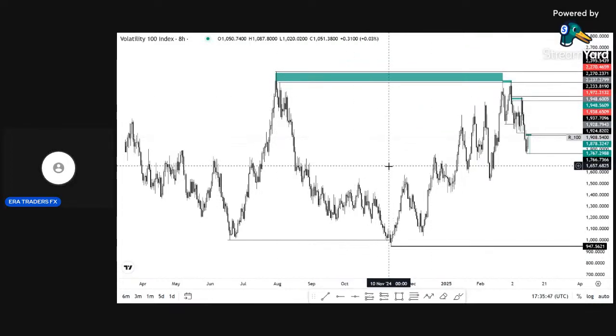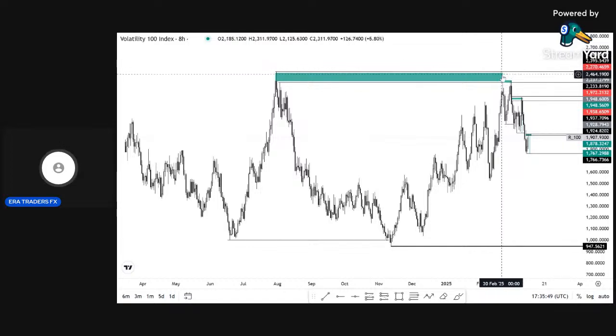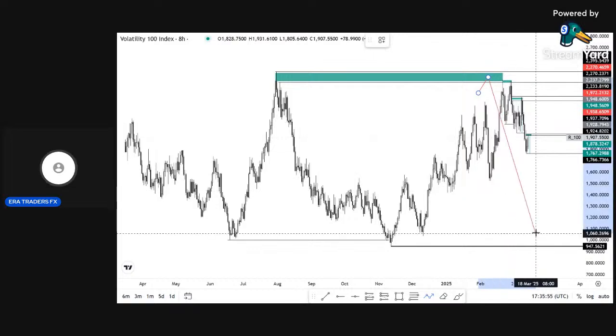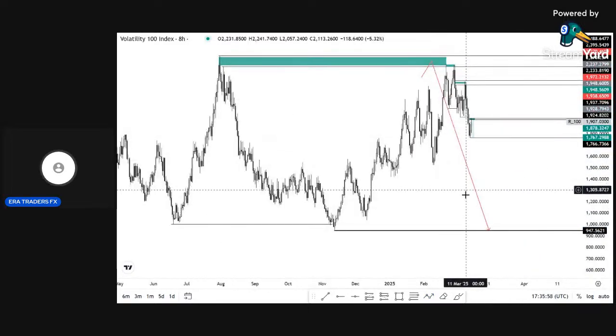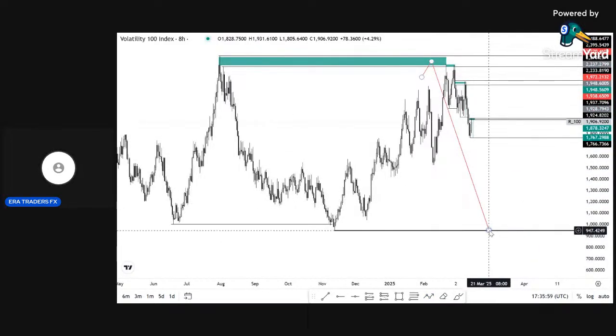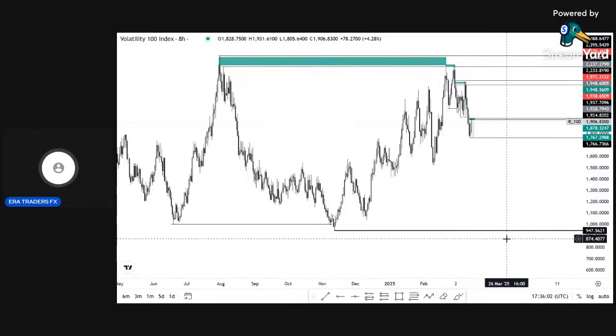So basically, now we're expecting a down move from here all the way to this down part. Don't forget, V100 is going here, V100 is coming there, no matter what, right?